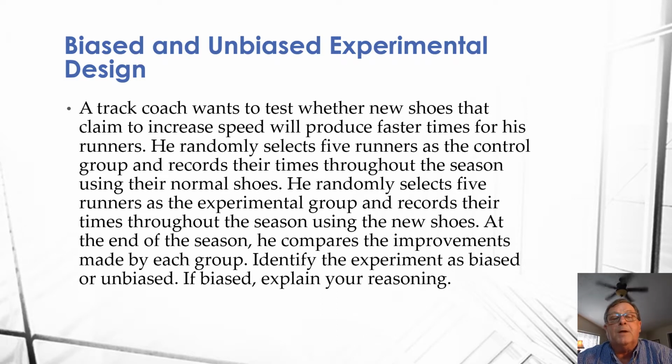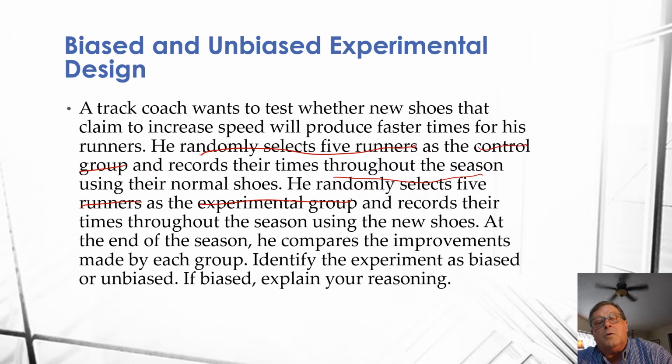Well, let's see. First up, he randomly selects 5 runners in the control group, and he randomly selects 5 runners as the experimental group. Both those groups are randomly selected, so that seems good. And then he records the times with the new shoes and the normal shoes.